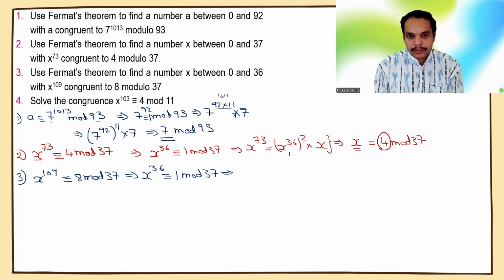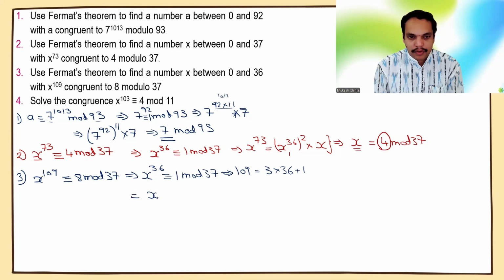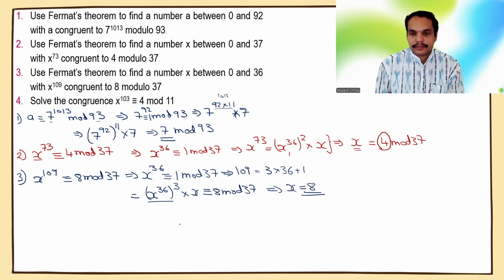So it all comes down to how you write 109. 109 can be written as 3 into 36 plus 1, which makes it x power 36 whole cube into x congruent to 8 mod 37, which implies this goes to 1 and x is equal to 8. This is my answer. All these problems are simple if you understand how to implement the theorem.